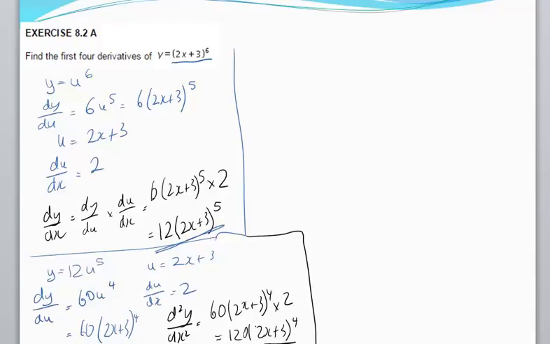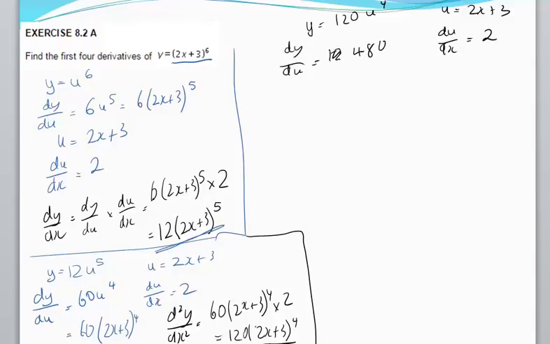We have y is equal to 120u to the power of 4, u is still equal to 2x plus 3, and du on dx is still equal to 2. Our dy on du is 120 multiplied by 4, which gives us 480u cubed. So it's 480 times 2x plus 3 to the power of 3.